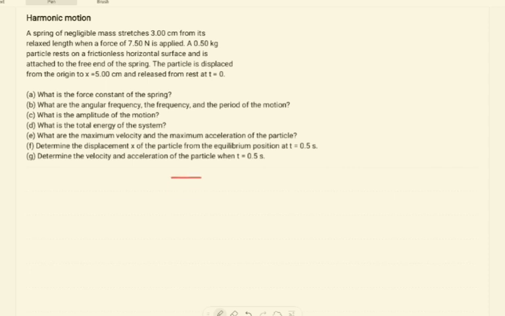So here we have a given mass spring system. A certain particle is attached to a wall by a spring of spring constant K. From the given information, as the particle is pushed by 7.5 Newton, the spring is stretched by what? 3.00 centimeter.